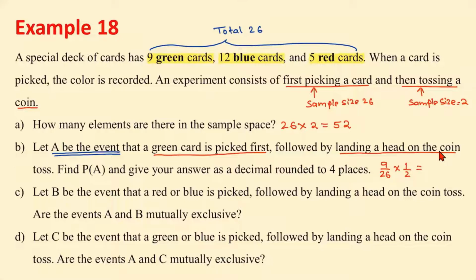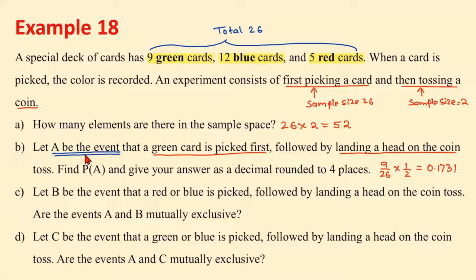And if you simplify this, 9 over 26 times 1 over 2, that will be 0.1731. That is the probability of getting the green card followed by landing on the head.